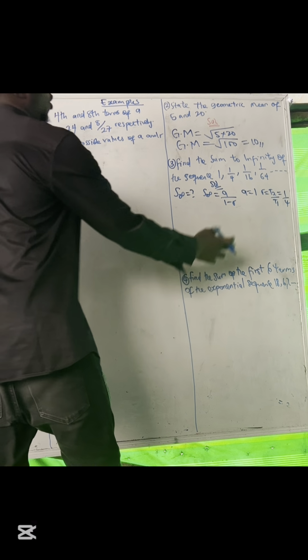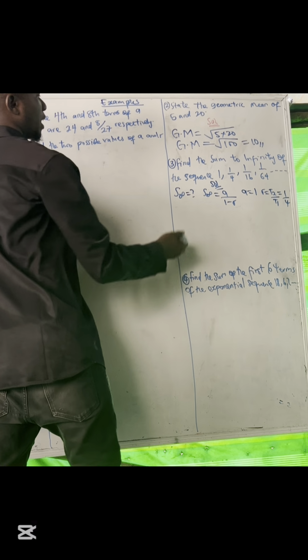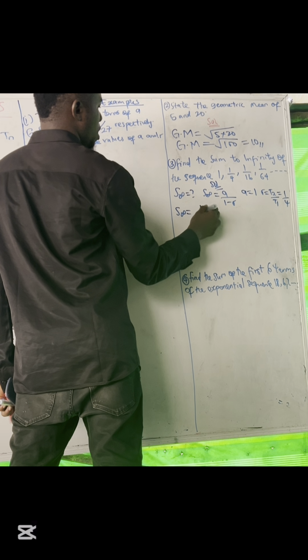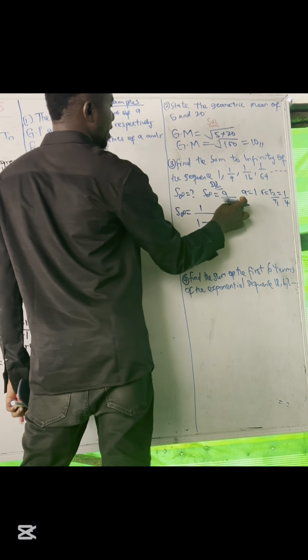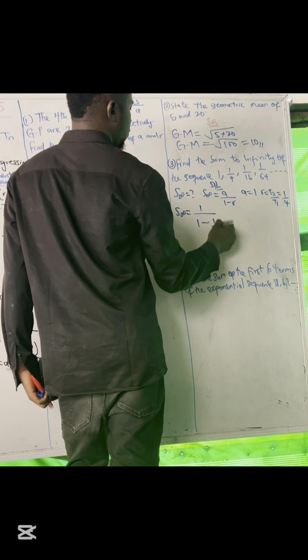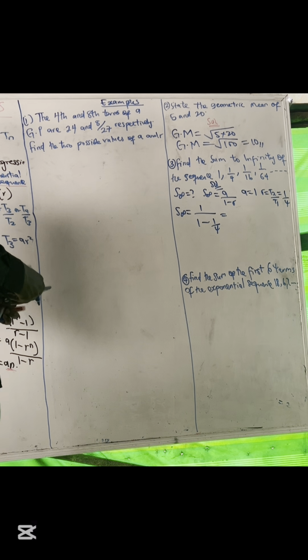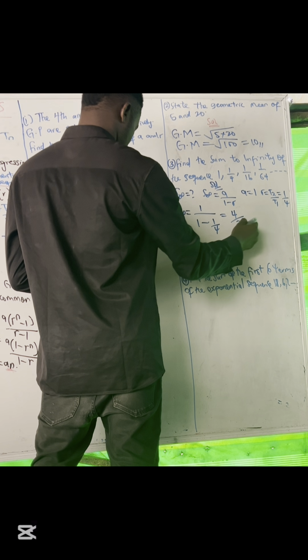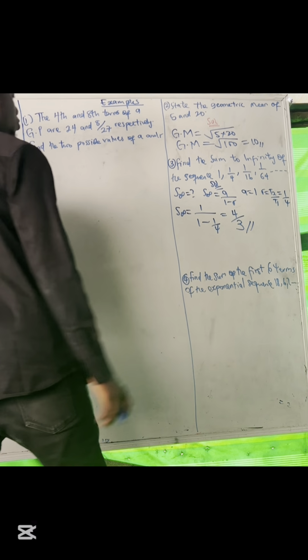Since we've gotten our common ratio to be 1 over 4, then our sum to infinity is going to be a, that's the first term, 1 over 1 minus our common ratio r, which is 1 over 4. So if you press this expression, 1 over 1 minus 1 over 4, then you are going to be getting your sum to infinity to be what? 4 over 3. So the sum to infinity is what? 4 over 3.